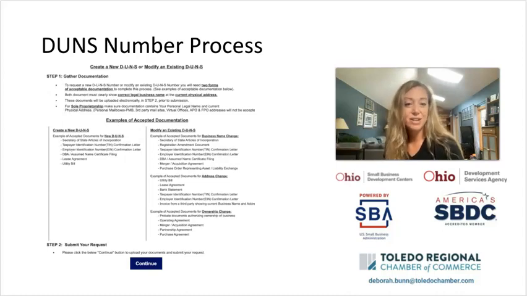It's your Secretary of State Articles of Incorporation, Taxpayer Identification Number Confirmation Letter, Employer Identification Number Confirmation Letter, your DBA Assumed Name Certificate Filing, Lease Agreement, and Utility Bill. Make sure you gather all of that information before you start.